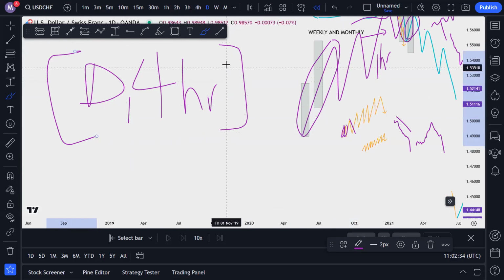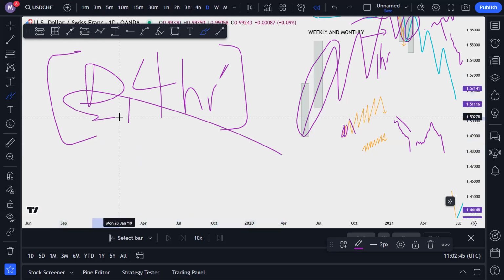Maybe we can also add 1 hour, but we only find the trend in the daily and the 4 hour. So we only confirm a trend by going to anything that coordinates with these time frames. We confirm the trend by going to 1 hour here, and to the 30-minute here.